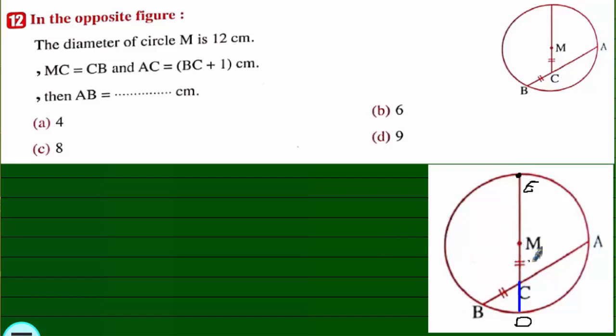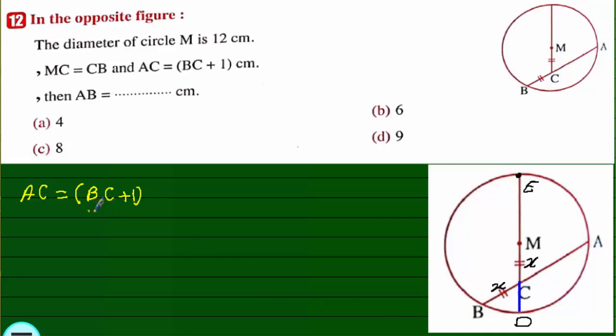Let us denote it by the symbol X. And AC equals BC plus 1. And the required here is to find the length of the chord AB.